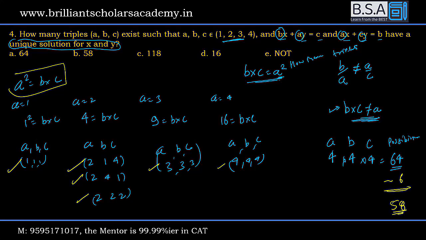So there are 58 other possibilities. In these 58 possibilities, you will have a unique solution. In these 58 possibilities, B into C is not equal to A. In those 6 possibilities, B into C is equal to A.